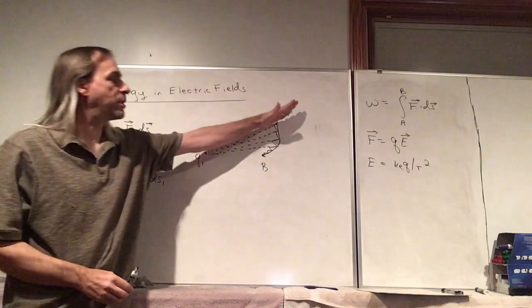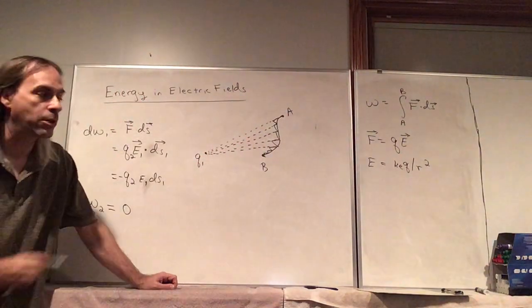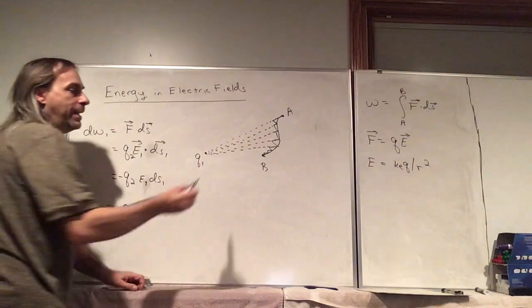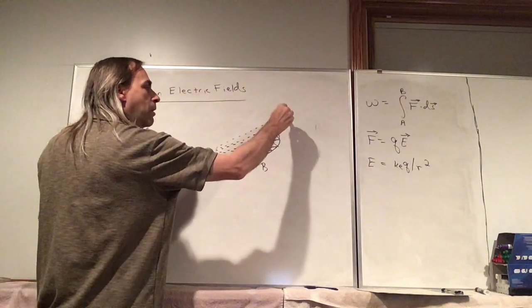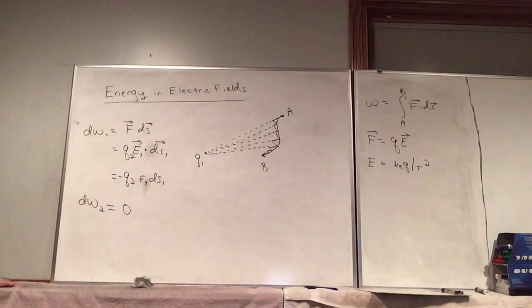The electric force is outward, so every point on this arc is perpendicular to the force. And again, by making these increments smaller, we can approximate this path as closely as we want, provided that we break it up into enough pieces.